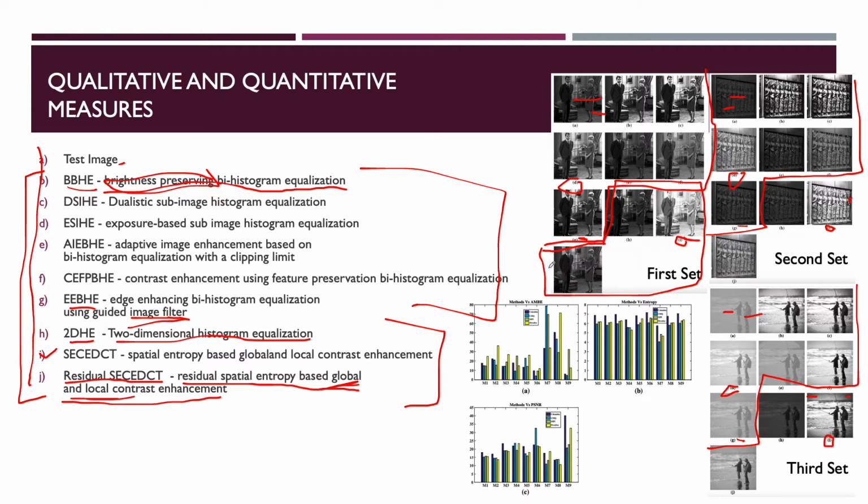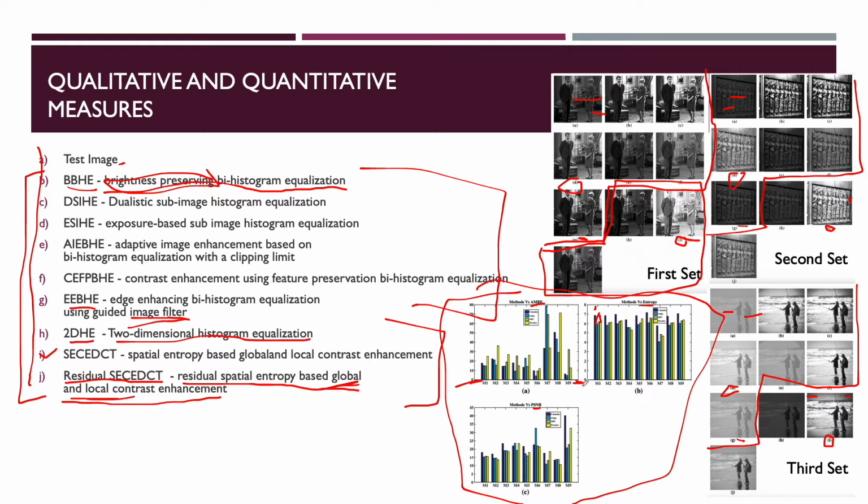So these are some charts that were generated for the different quantitative measures such as AMBE, entropy, and PSNR for the images that were considered, such as the first one, the second one, and the third one. The various methods are shown as M1 till M9.